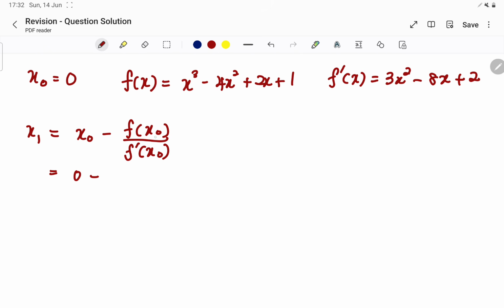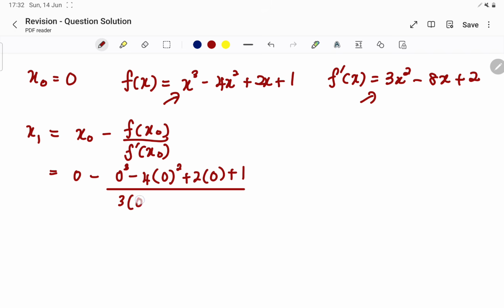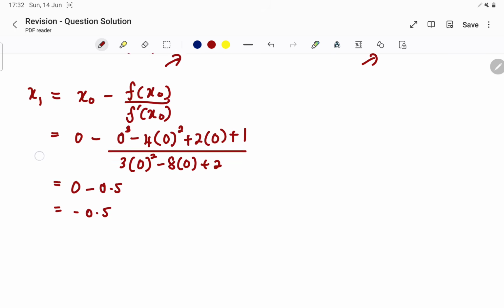For f(x0), you substitute inside f(x): 0 cubed minus 4 multiplied with 0 squared plus 2x plus 1, divided by f prime of x0, which you substitute inside f prime x: 3 multiplied with 0 squared minus 8 multiplied with 0 plus 2. So from here you will get 0 minus negative 0.5, so you get negative 0.5 for x1.